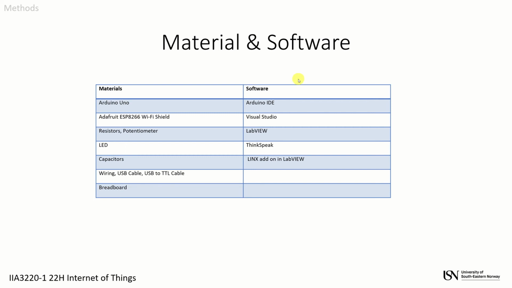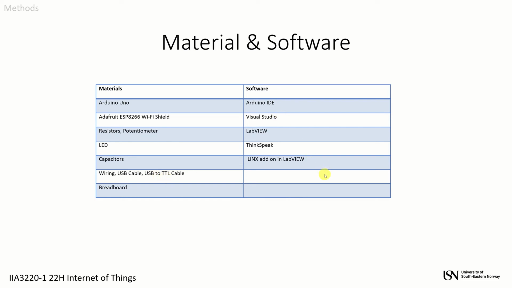Materials and software used are Arduino Uno, Adafruit ESP8266 Wi-Fi shield, resistors, potentiometers, resistors and capacitors for making the RC circuit, status LEDs, wiring, USB cables, and breadboard.